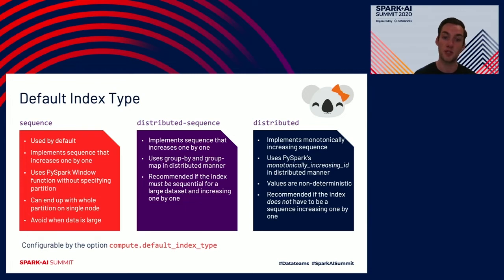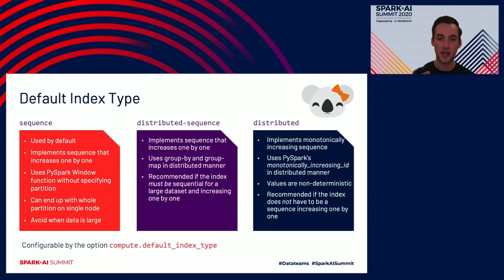Lastly, we have the option of distributed index type. Distributed index implements a monotonically increasing index type using PySpark's monotonically increasing ID function in a fully distributed manner. The values of this index are actually non-deterministic in that the underlying function will always create different numbers and the numbers will have an unexpected gap.